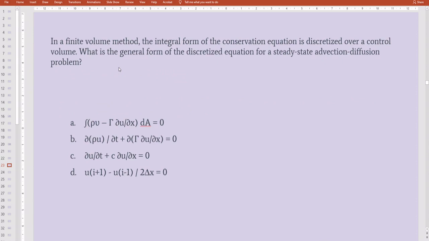In a finite volume method, the integral form of the conservation equation is discretized over a control volume. What is the general form of the discretized equation for a steady state advection diffusion problem?